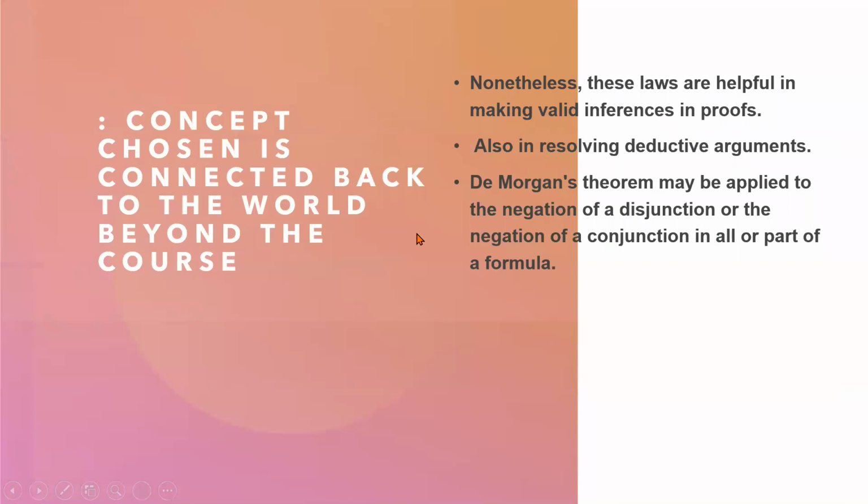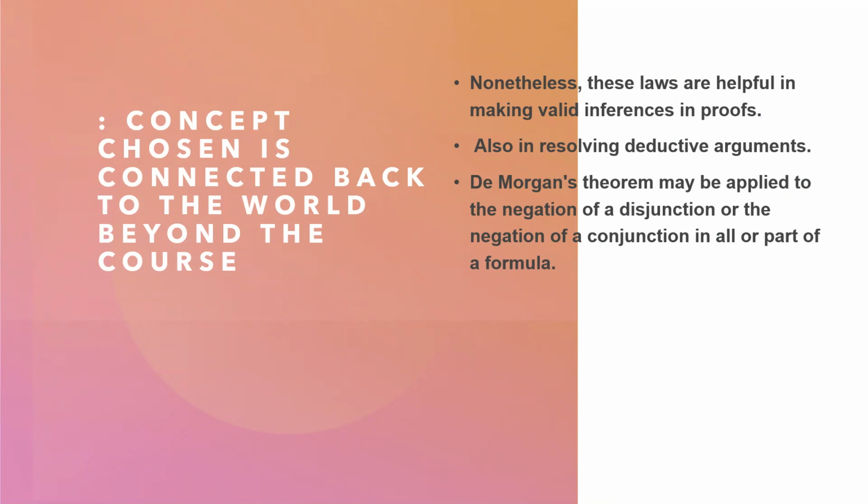Okay, and why exactly, you may be wondering, is this important? Well, in my opinion, these laws are helpful in making valid inferences and proofs. So just as in the two examples, we were making sure that our arguments were true, that the statements were right, like 6 plus 3 equals 9.